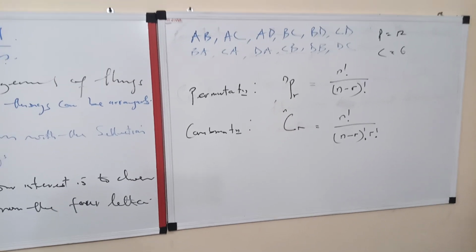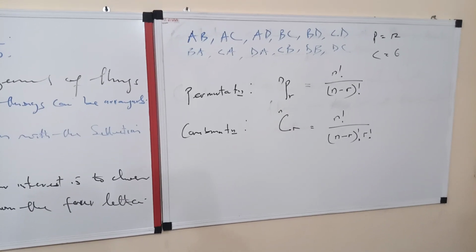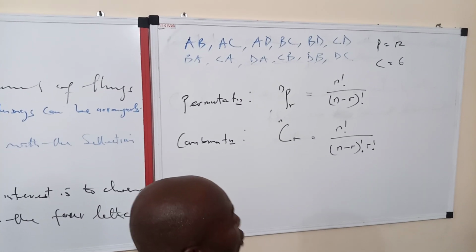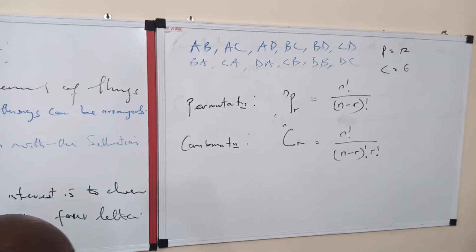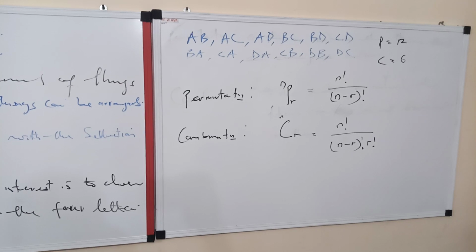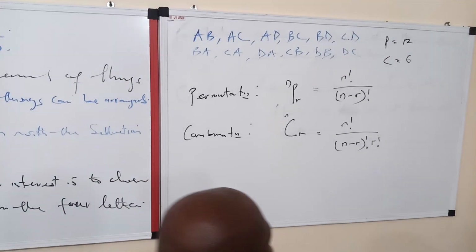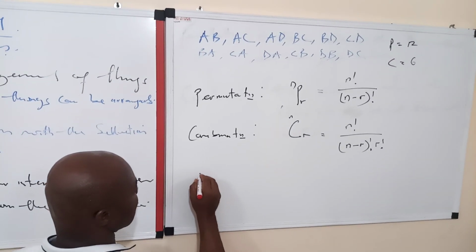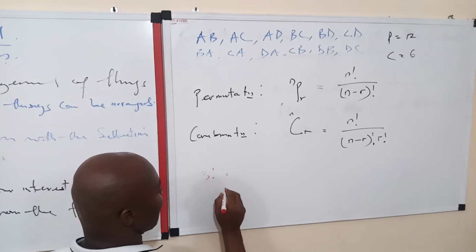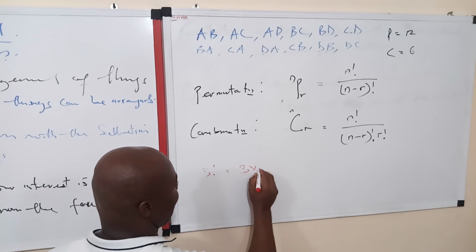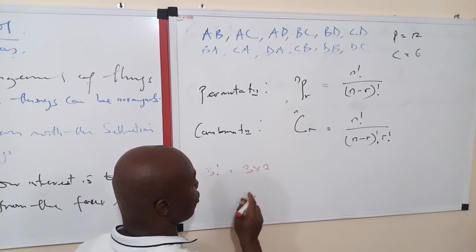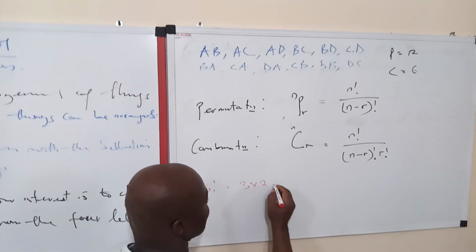Now before I continue and move further, what is factorial? Factorial is the multiple of an integer number in descending order. Example, if we have 3 factorial, then it's the same thing as 3 times 2 times 1. I said integer number, sorry, natural numbers in descending order.